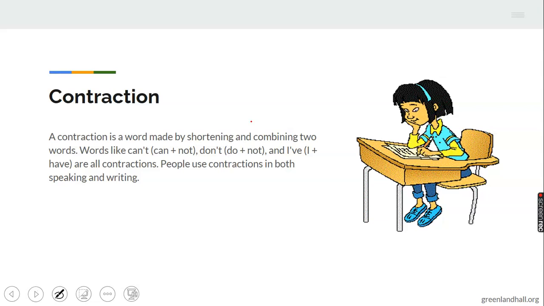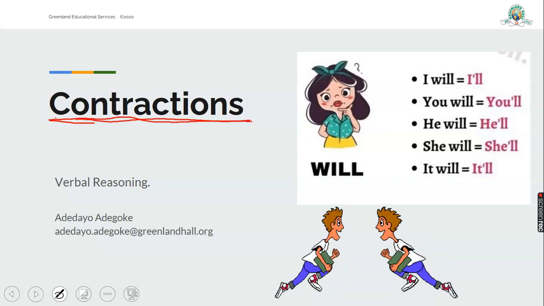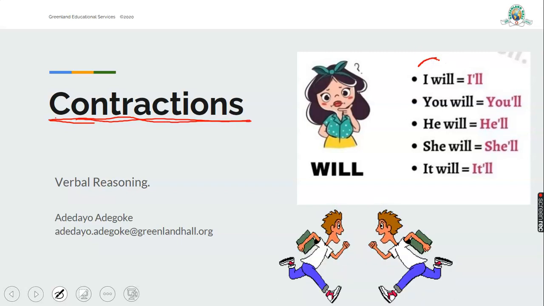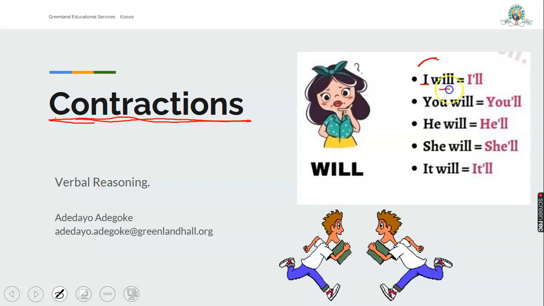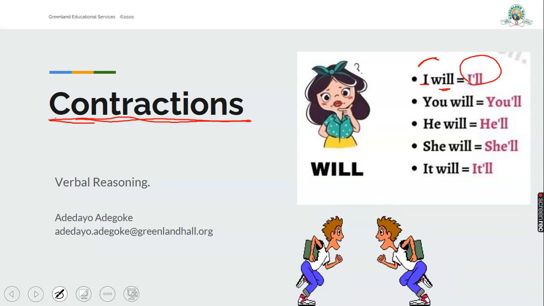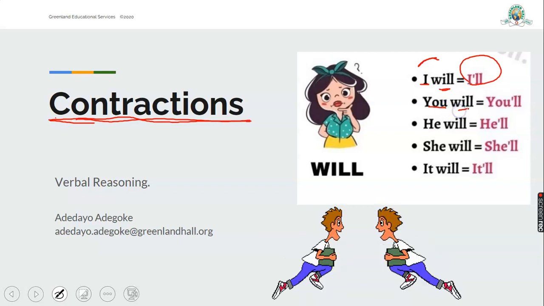If you look at the first slide that we have, look at this picture here. Notice these two words. I is a word, will is a word, and then you notice something here. It has been shortened to I'll. We have you here, will here. It has been shortened to what?